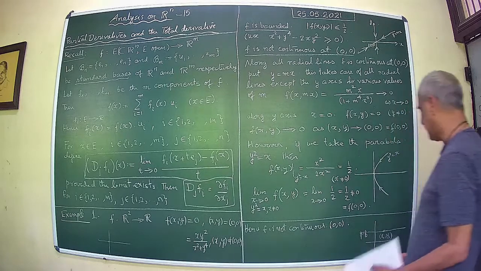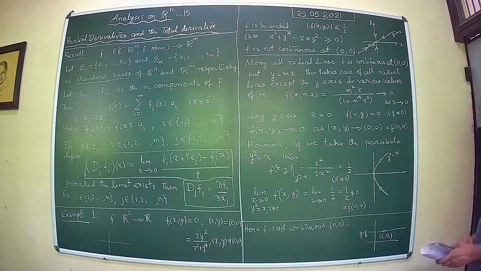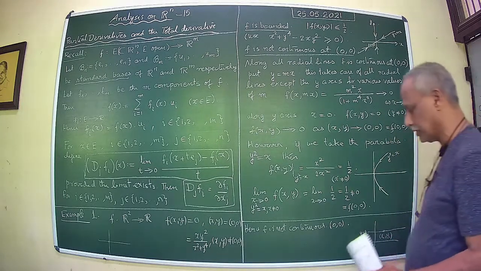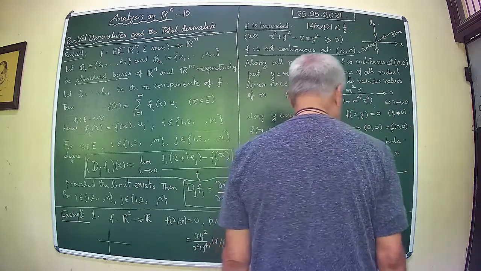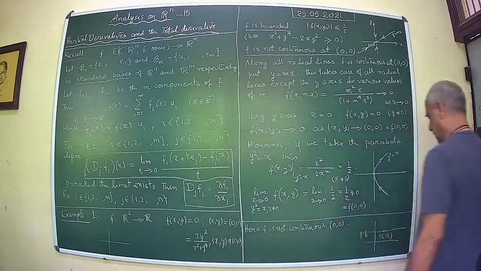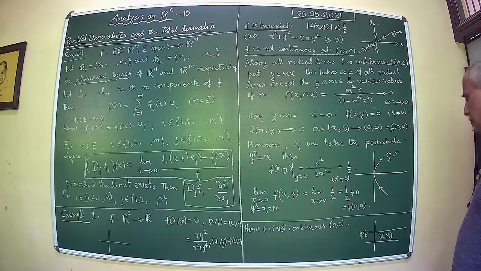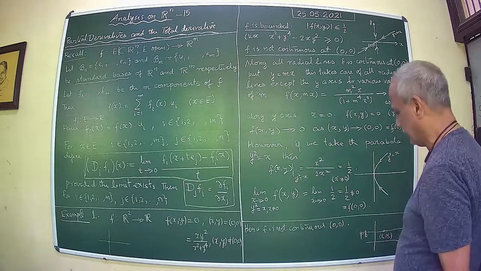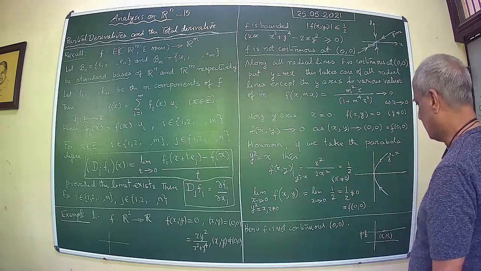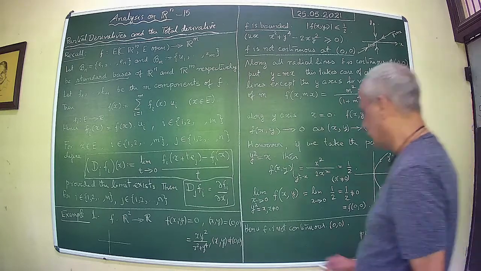And along this line, the function f of x, y is purely a function of x, because you are setting y equal to y0, and then you find the derivative of the function, the usual derivative. So that would give you df by dx.